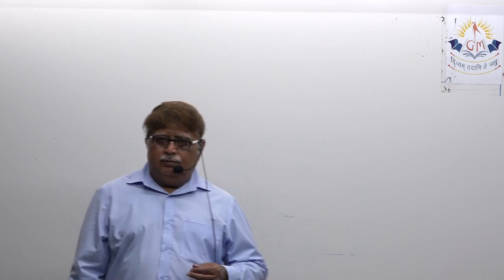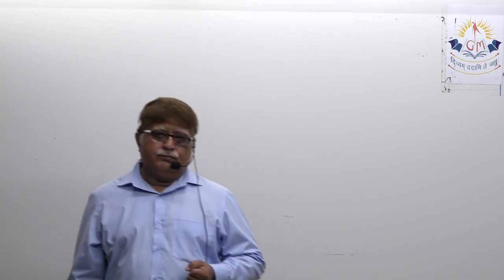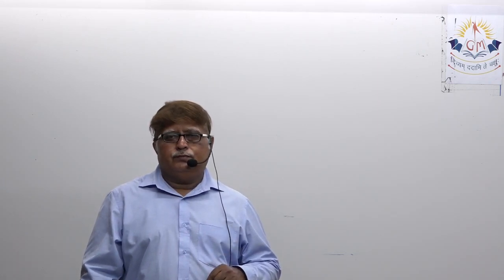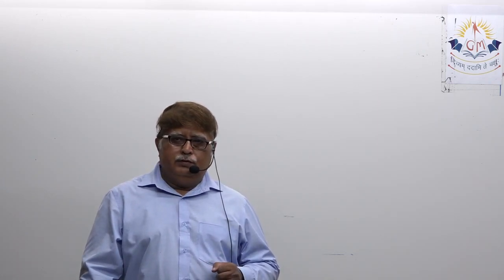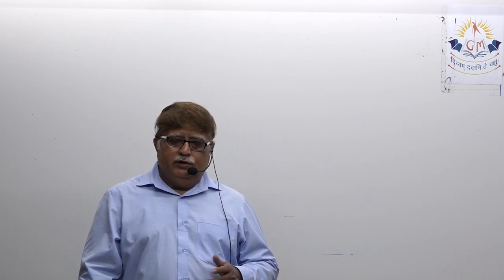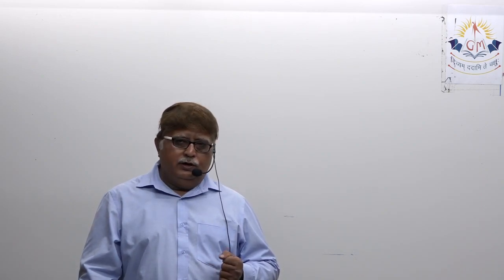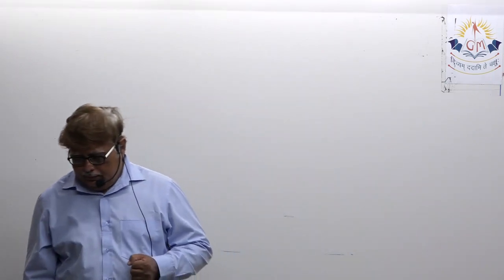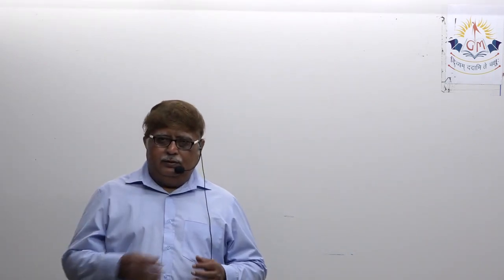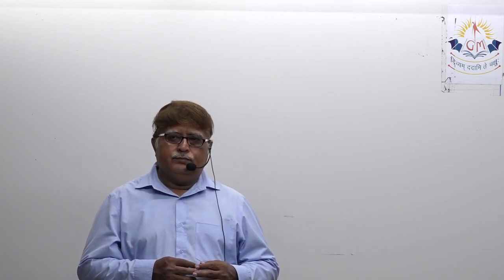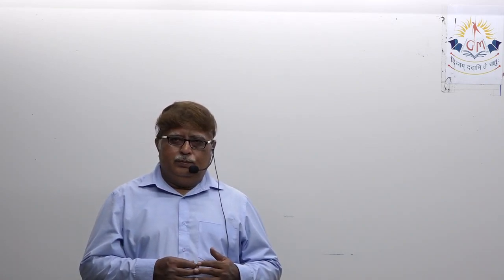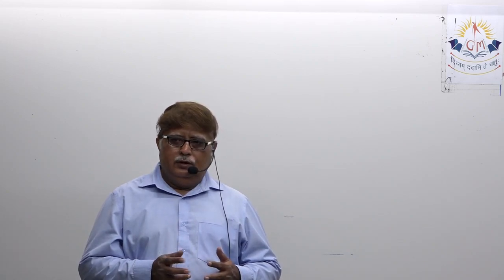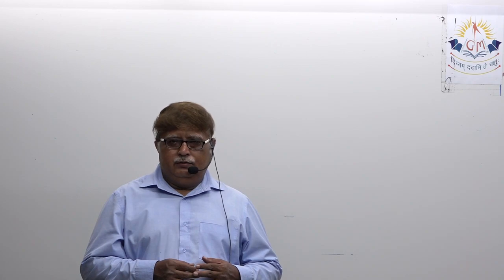If you can remember, dear students, in lecture number 4, for the revision of chapter number 5, algebraic expression, we were discussing the application of the identity a square minus b square.